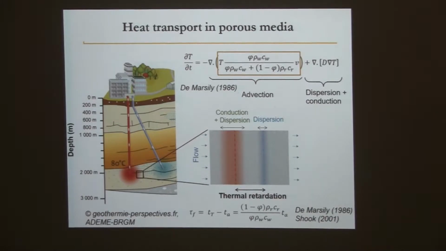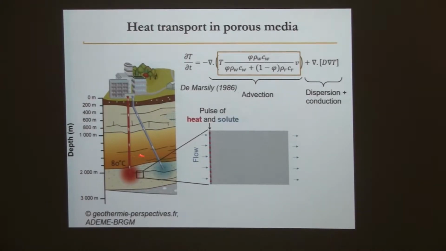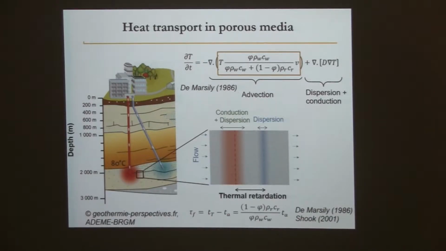If you inject a pulse of heat or solute, for the solute you would have dispersion in the porous media, while for the heat you will have conduction and dispersion, but also a thermal retardation, since part of the heat is transferred into the solid media. The thermal retardation expression is given here as a function of the properties of the rock, the fluid, and the porosity.